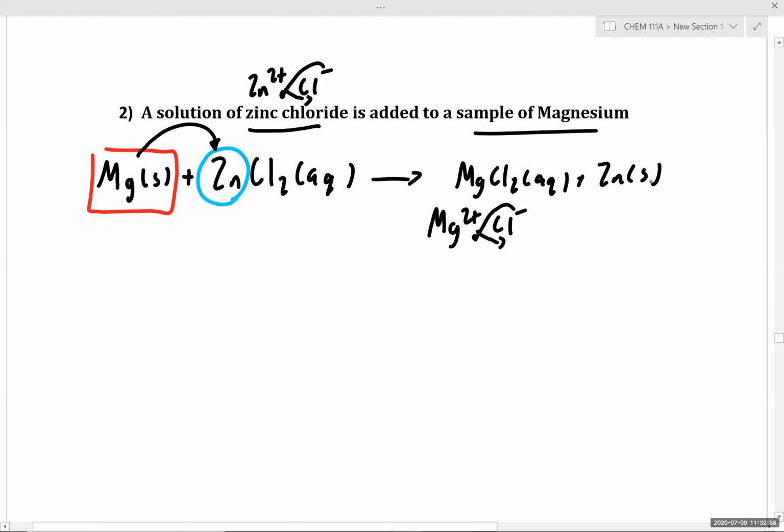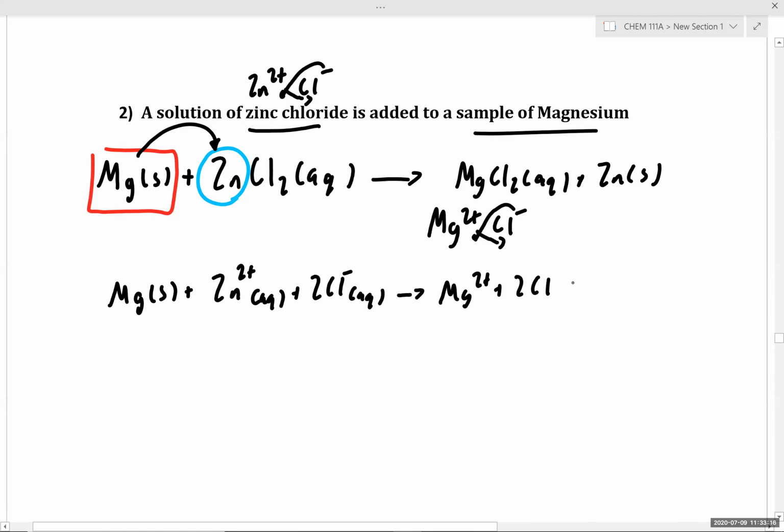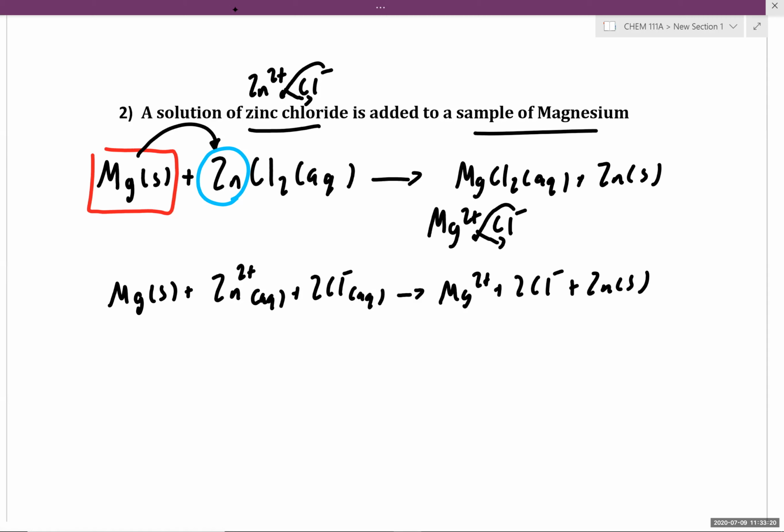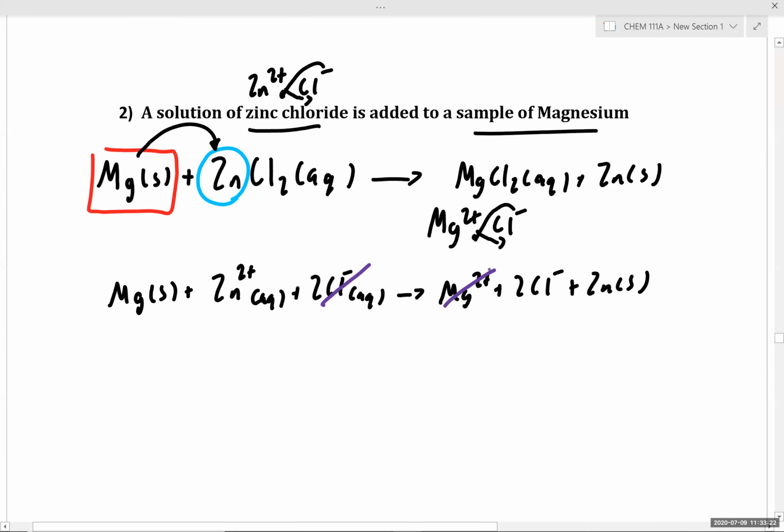Wonderful. Now, looking at our net ionic equation, we can dissociate each of our soluble ionic compounds, strong acids and strong bases, into their component ions. And then all we have to do now is cancel our spectator ions.